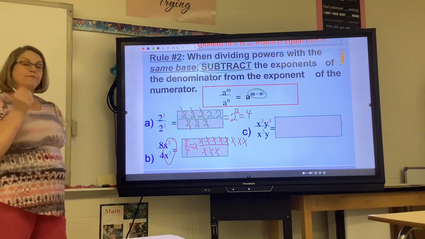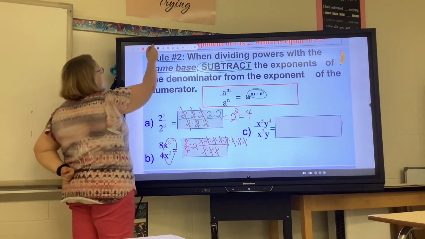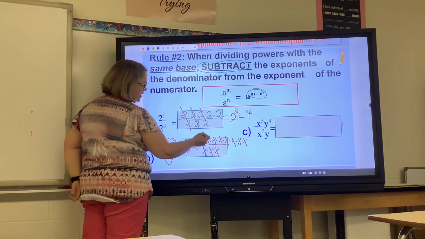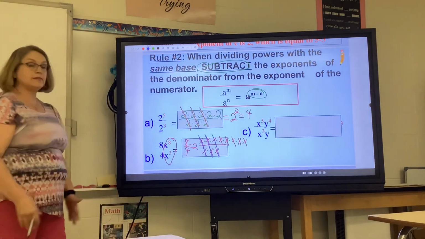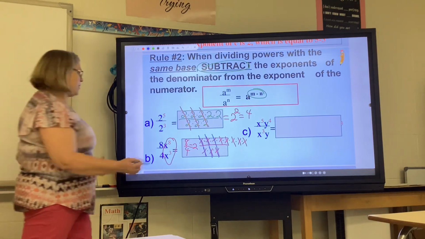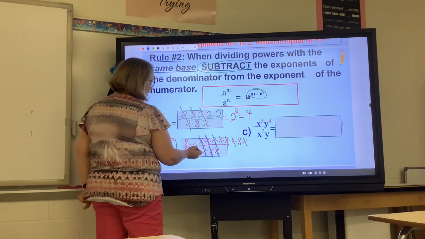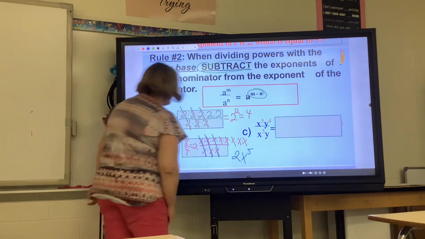And again, if you have the same thing top and bottom, they divide and become 1. So x divided by x is 1, three times. There's nothing else I can divide. So I go with what's left: 1, 2, 3, 4, 5. So I have 2x to the 5th power.